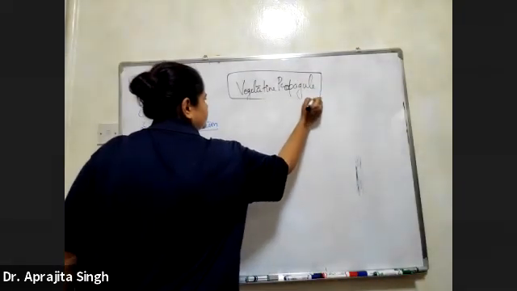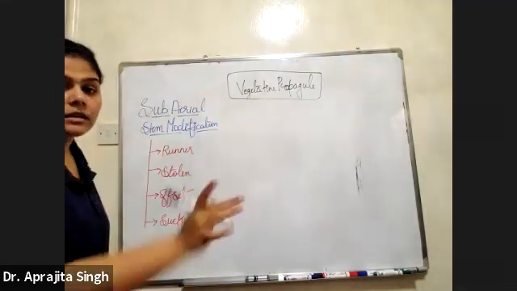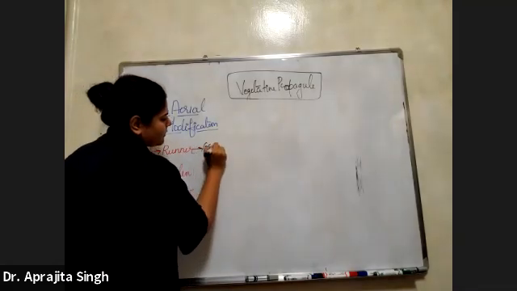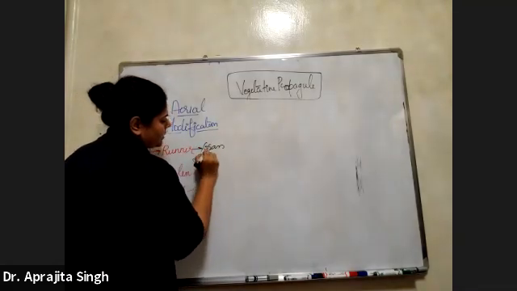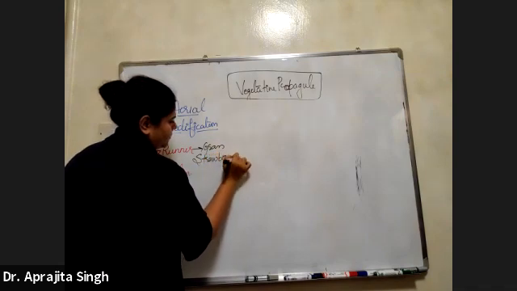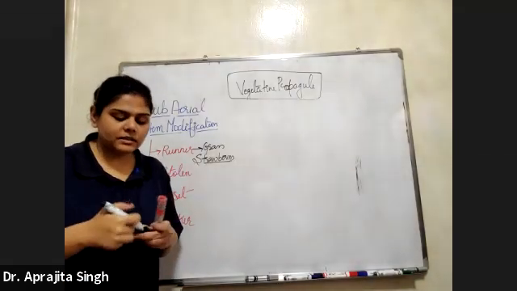See. First, we will be seeing the runner. The examples of runner are grass and strawberries. Why grass and strawberry?